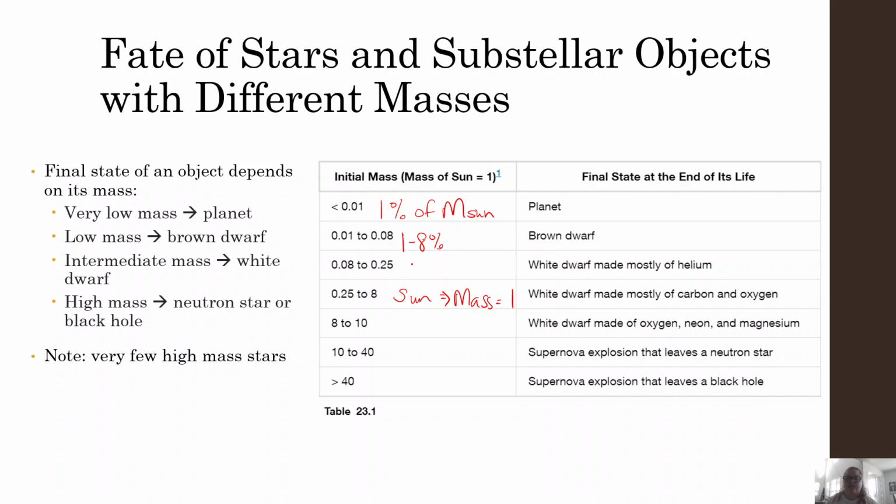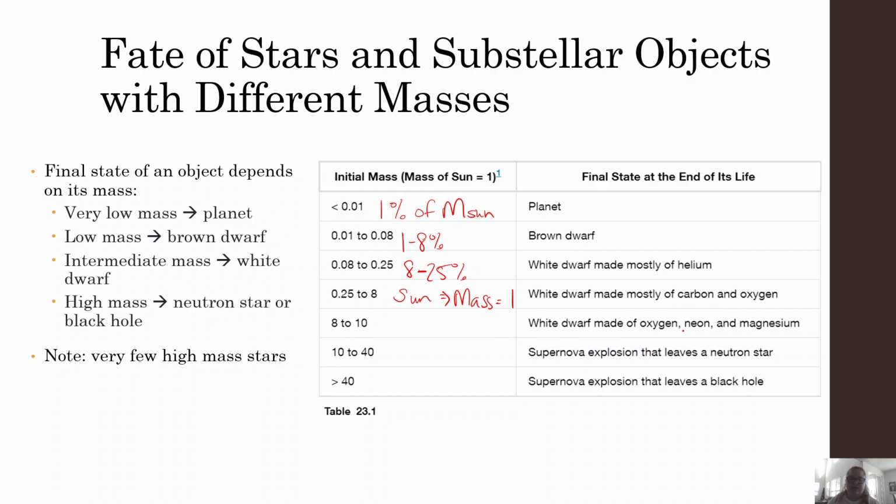If we have something that is from 8 to 25% of the mass of the sun, we'll have a white dwarf that is mostly made of helium. And as we go on, we can see that the white dwarf will be made of different substances depending on that beginning mass. So here we have a white dwarf mostly made of carbon and oxygen, and so forth.